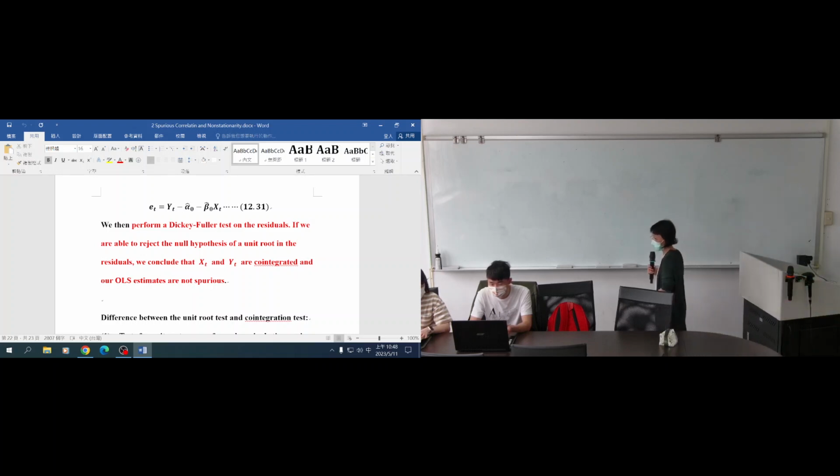You have to save the residual. Did you save the residual? After you run the regression, then save the residual.